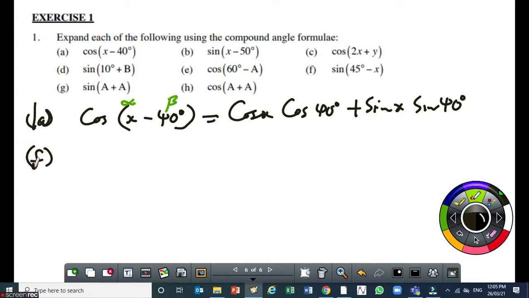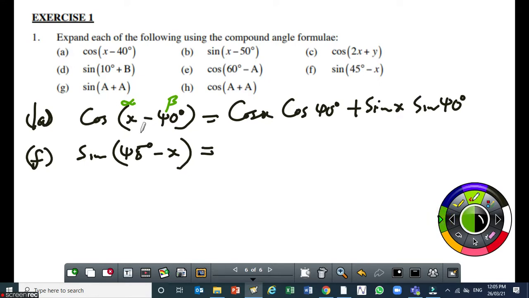Right, let's try another one, like one with a special angle, like F. You want me to do C? I will do it, but let me do F first because it's got a special angle. We have got sine 45 degrees minus x. This will be equal to, now this one is sine 45 minus x, so we come to alpha minus beta, then we're going to put a minus. And this 45 degrees, as I'm going to repeat again, is the same as the alpha.